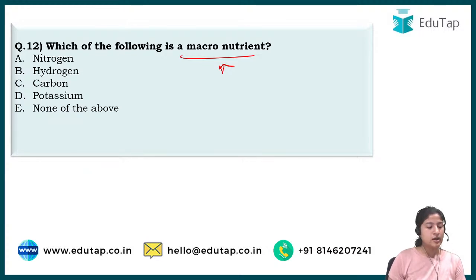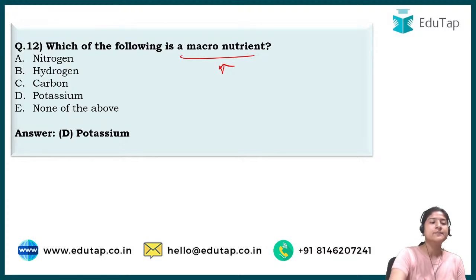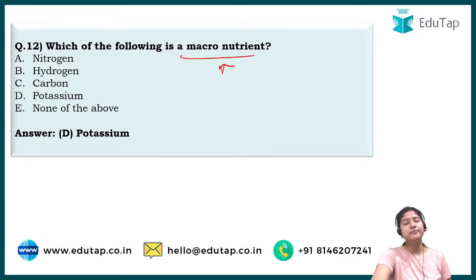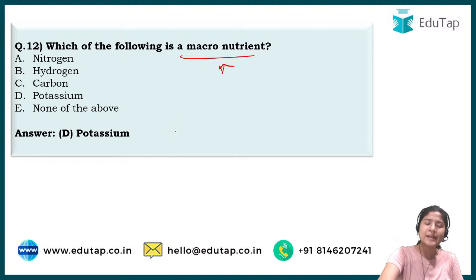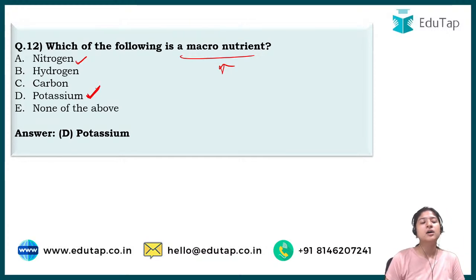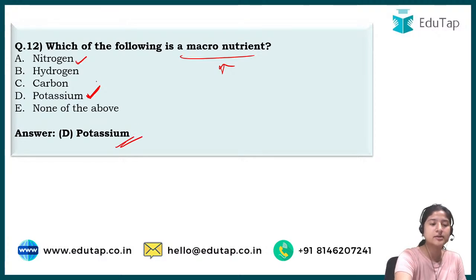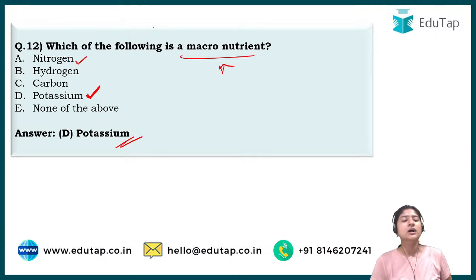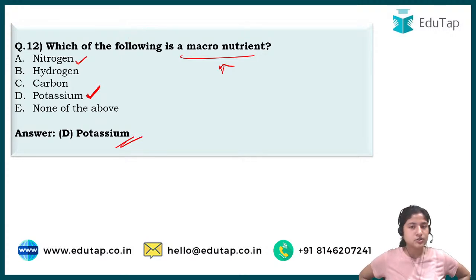Okay, yes. But see, options have been wrongly placed here. Apologies for that, but nitrogen and potassium both are the correct answer. Maybe in the examination only potassium was placed as the correct answer, but here if you look at the options, it is nitrogen and potassium.